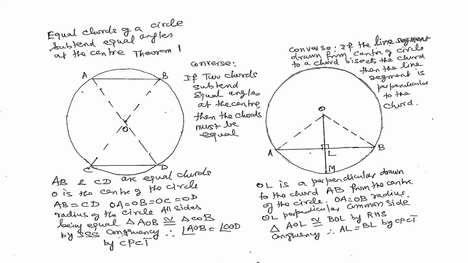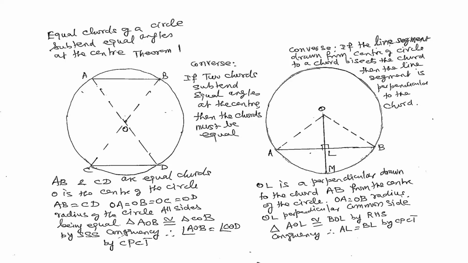All sides being equal, triangle AOB is congruent to triangle COD by SSS congruency. Angle AOB thus is equal to angle COD by CPCT, corresponding parts of congruent triangles. The converse of the theorem is that if two chords subtend equal angles at the center, then the chords must be of equal length.